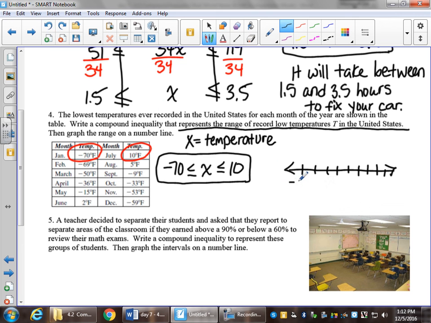I'm going to count by 10, but because the smartboard marker is a little chunkier, I'm going to label every other line. So my graph, greater than or equal to negative 70, less than or equal to 10. How you chose to count is totally up to you. Just get more than just those 2 numbers on the graph. And we're done with number 4.